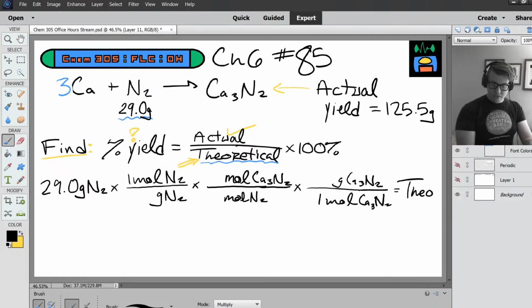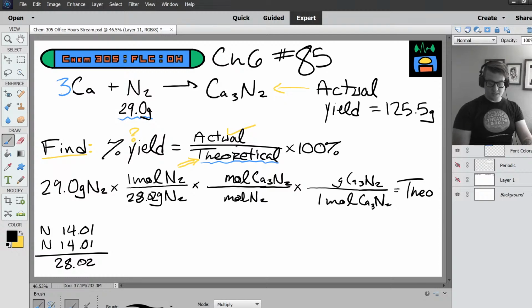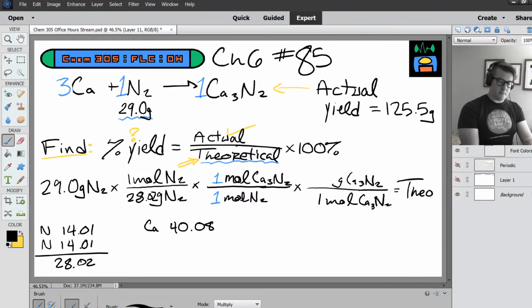All right, we have a couple of molecular weights to calculate. Nitrogen has an atomic mass of 14.01. We've got 2 nitrogens in N2. So this is 28.02 grams per mole. Our mole-to-mole ratio from the balanced chemical equation is a 1-to-1 ratio. So we plug that in there. And then we need our molecular mass of calcium nitride.